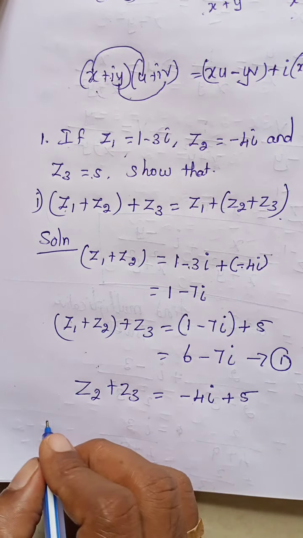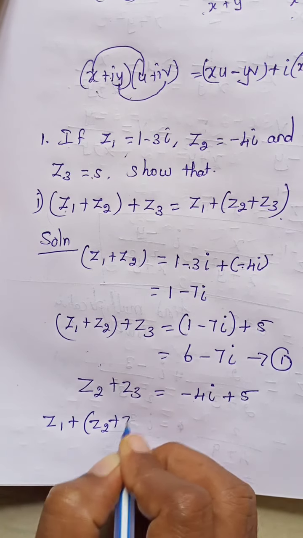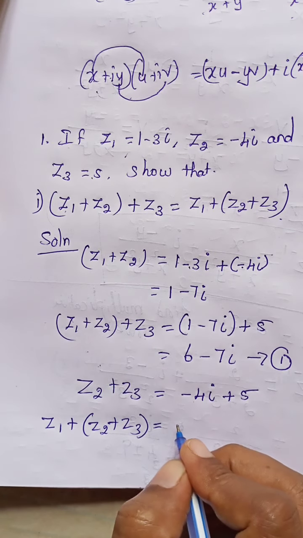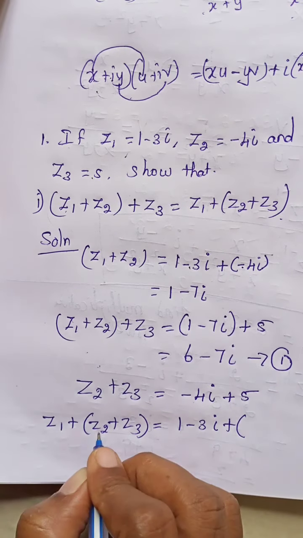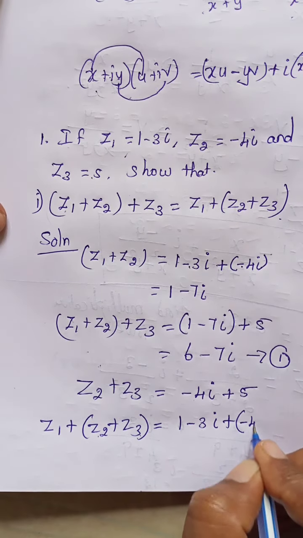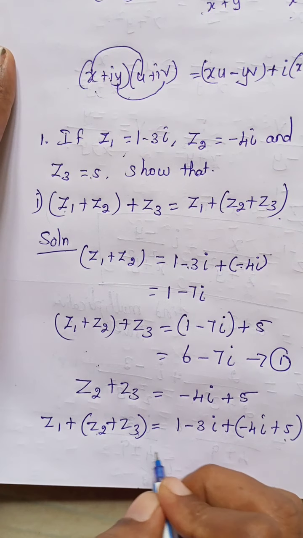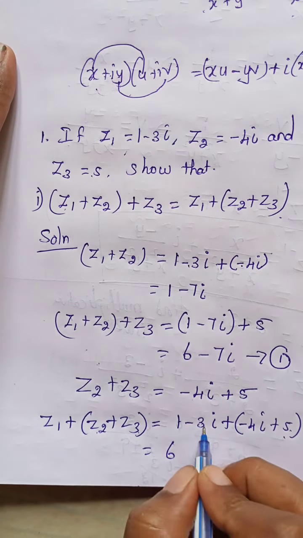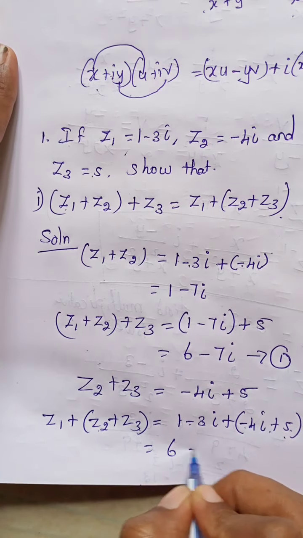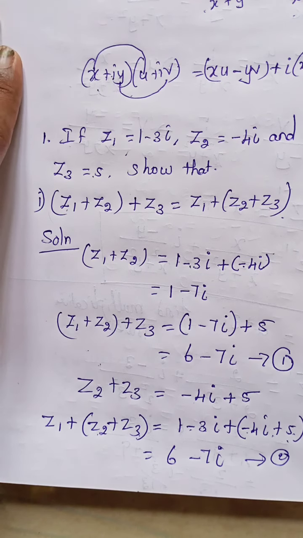Now taking Z1 plus (Z2 plus Z3): Z1 is 1 minus 3i plus minus 4i plus 5. Now we can simplify, isn't it? 1 plus 5 is 6, and the imaginary part is minus 3i minus 4i, minus 7i. Taking it as equation number 2.